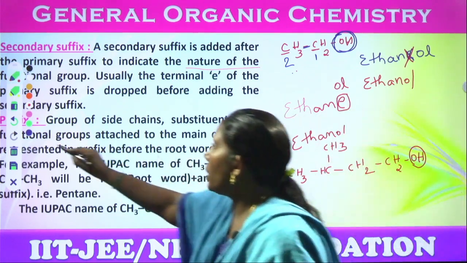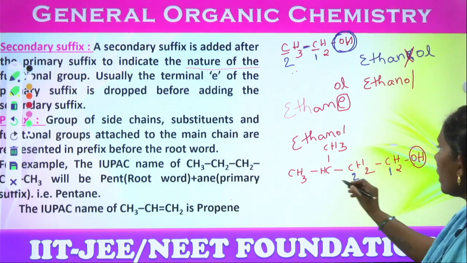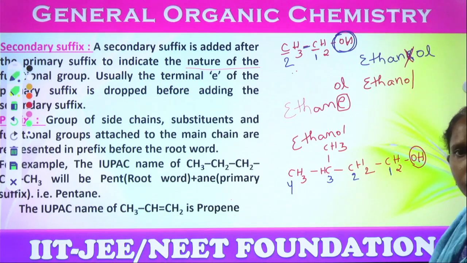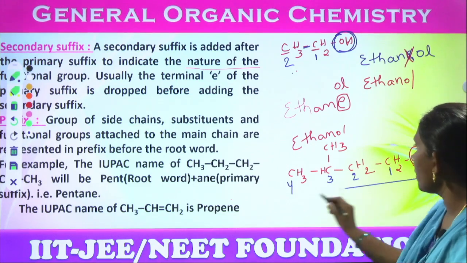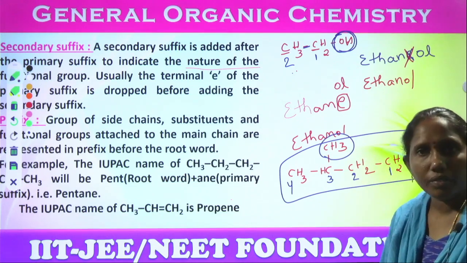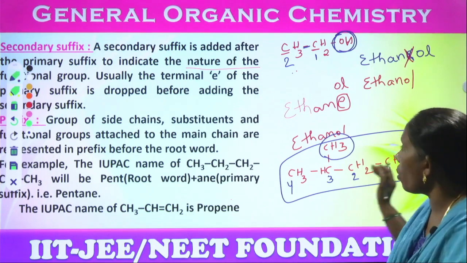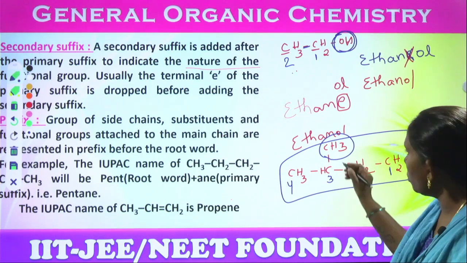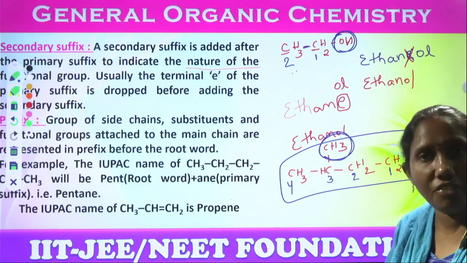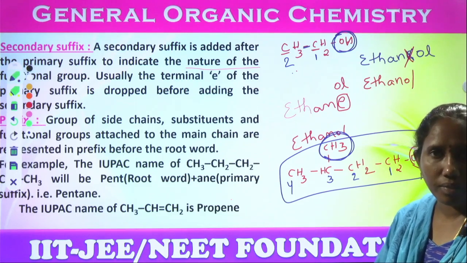So I will give the numbering from here: first carbon, second carbon, third carbon, fourth carbon. In this line, it has one branch, which means it has one substituent. Always we have to select the longest chain. So this is the substituent. Now this substituent will be written as the prefix.